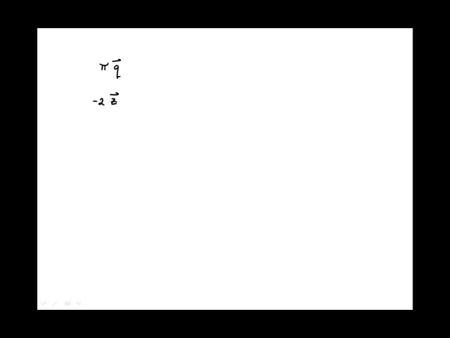And what that means is, for example, if z is off in this direction, then negative 2 times vector z would be there and there, or this whole distance. So it has a magnitude of 2 times vector z, but in the opposite direction.